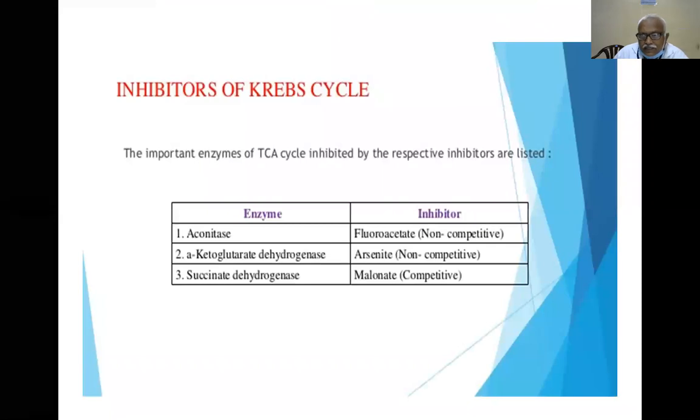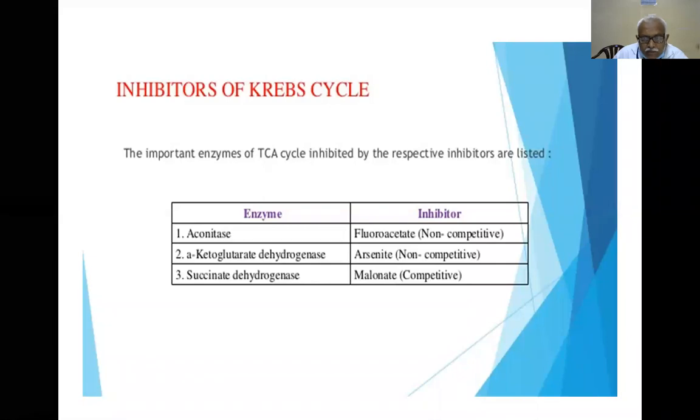Inhibitors. For every good thing or bad thing, there may be accelerators, there may be inhibitors. That's common in this world. So the important enzymes of the TCA cycle are inhibited by inhibitors. For every enzyme, there is a respective inhibitor. Aconitase is an enzyme that will be inhibited by fluoroacetate.